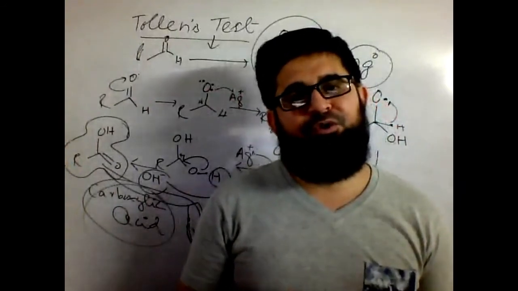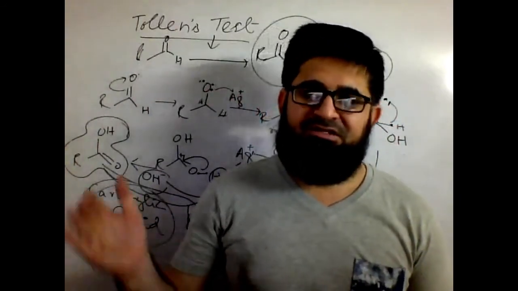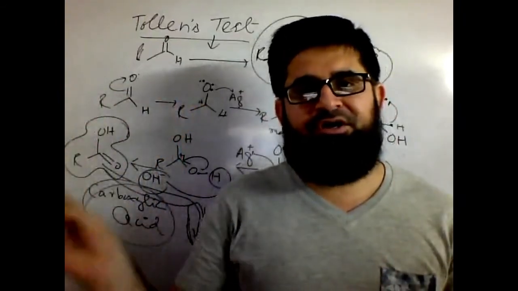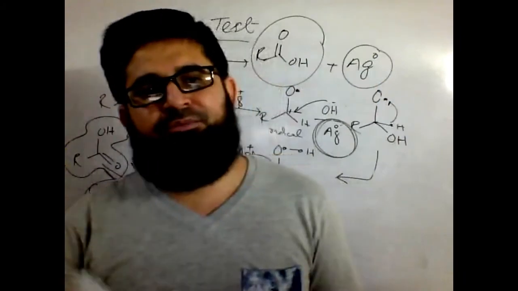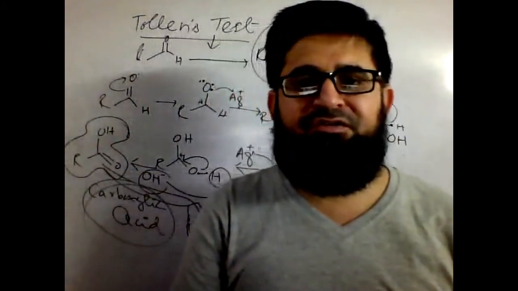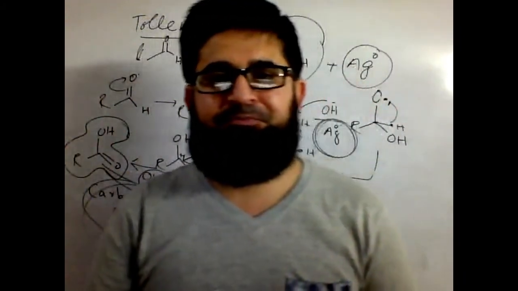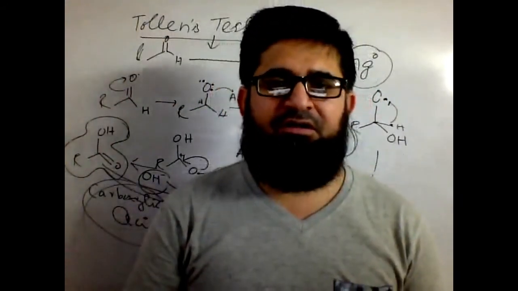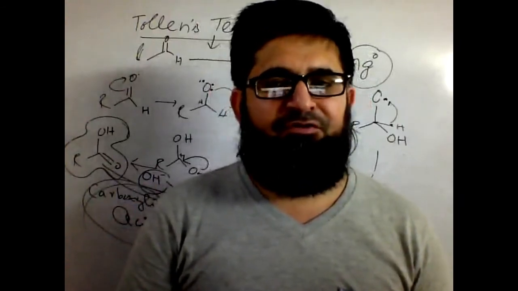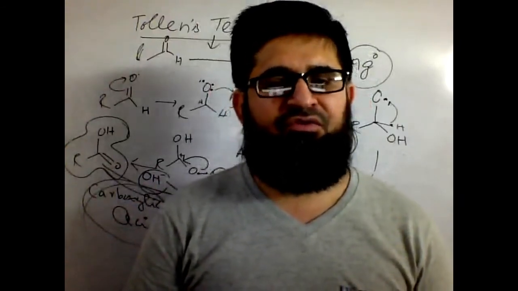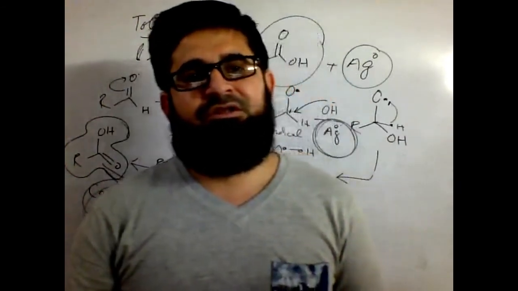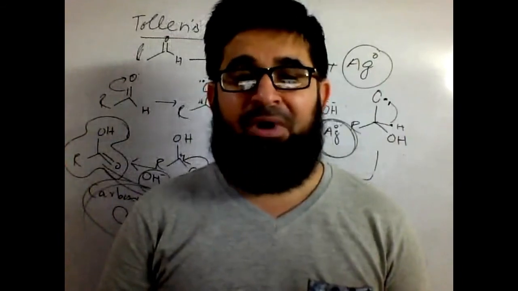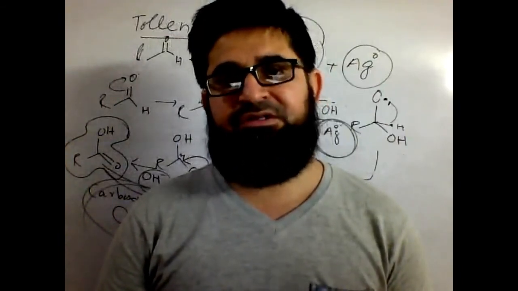If you perform the same reaction with certain ketones, you put in the ketone and then put in your ammoniated silver nitrate solution into the test tube. Let it rest for a while, then you will not see any formation of silver along the walls of the test tube, because Tollen's reagent, that is ammoniated silver nitrate, is a milder, weaker oxidizing agent.